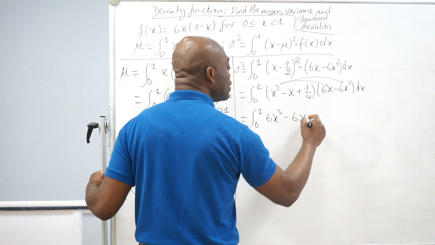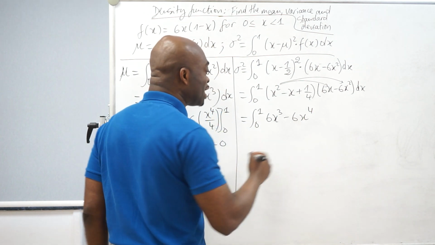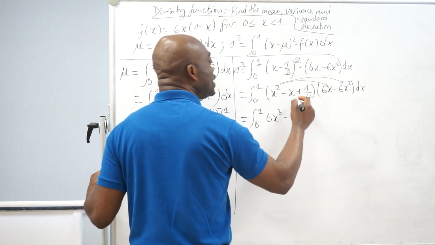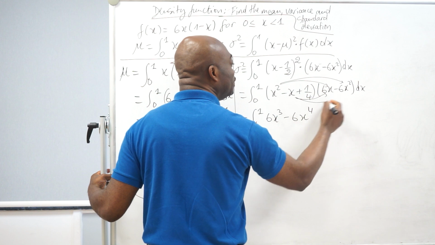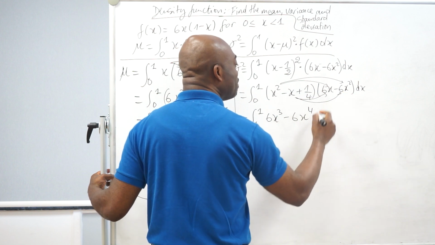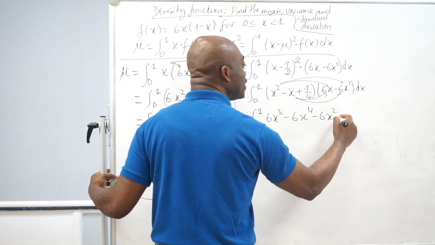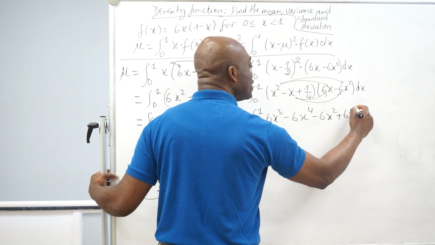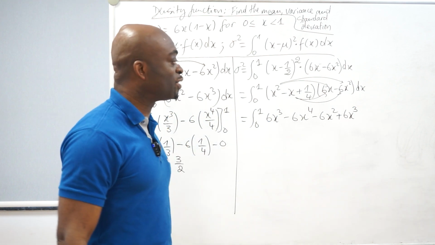Minus 6x to the fourth power. All right, so that's for the first one. And then we just continue. So this one now is going to give us minus 6x squared plus 6x to the third. So great for the second one.